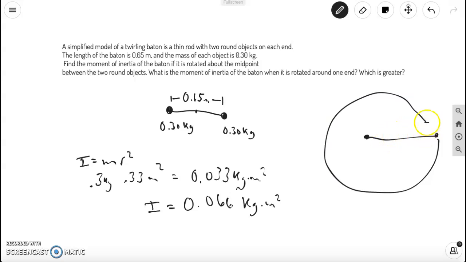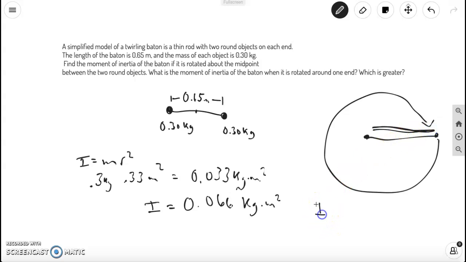That's a terrible picture, but you get what I'm saying. So it's going to be a bigger circle, a bigger hoop. We're going to use the same equation, but now instead of the radius being half the length, the whole rod is going to be the radius.